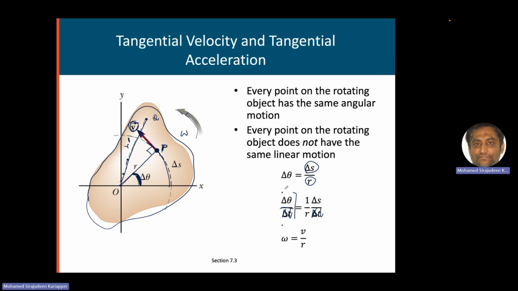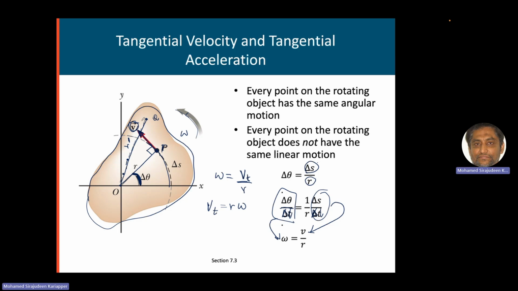Now what is this? This is omega by definition. And what is this? This is the tangential velocity by definition, the linear velocity. So now we get an equation that connects the angular velocity to the tangential velocity. I can call it Vt to say that it is the tangential velocity. Now, if I rewrite it, I can say the tangential velocity is equal to r into omega.